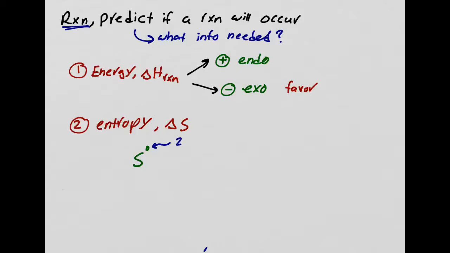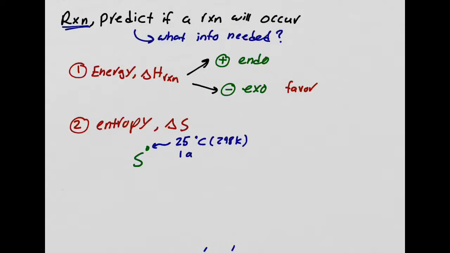Standard condition for reaction is 25 degrees Celsius, 298 Kelvin, because we do reaction at room temperature. It is different than STP for gases. Standard temperature for gases is 0 degrees Celsius. But for reaction, because we do reaction at room temperature, it is 25 degrees Celsius.